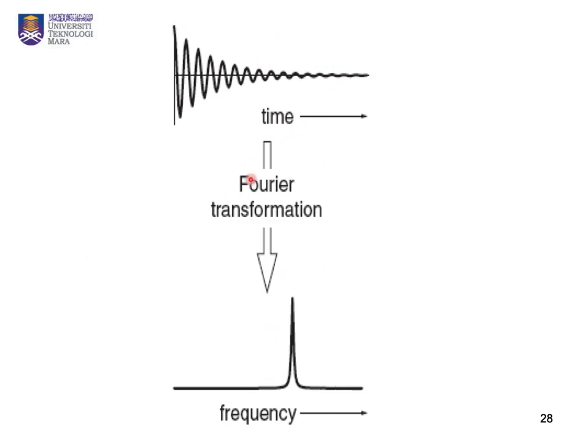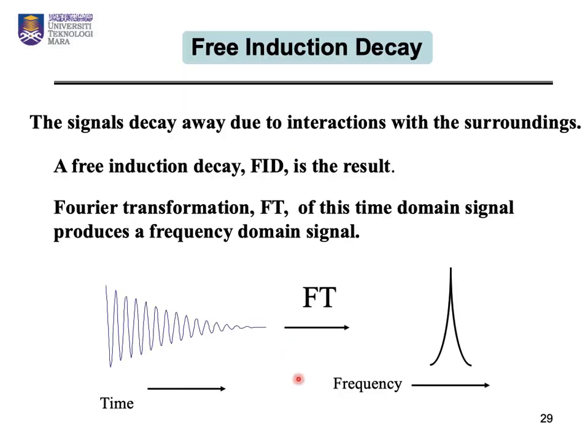It should be converted into the frequency domain. This is called the Fourier transformation. This happens only after the relaxation process, and after the computational processing through Fourier transformation, the time domain converts into the frequency domain. This is the frequency of a particular nuclei.